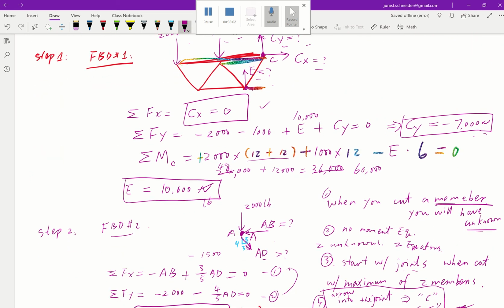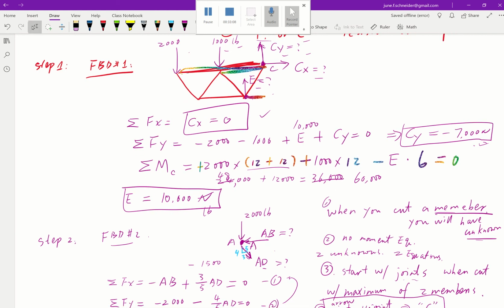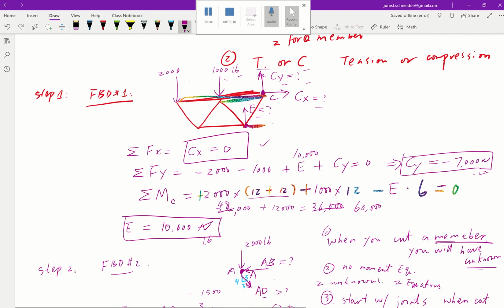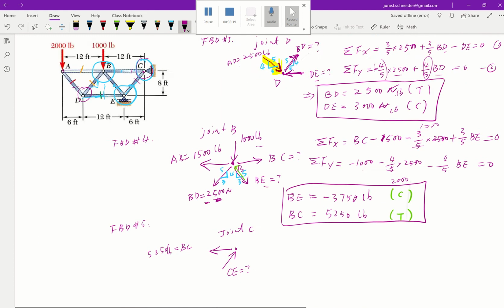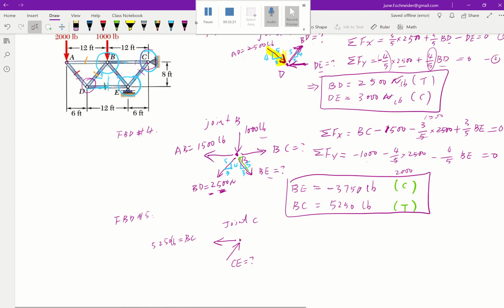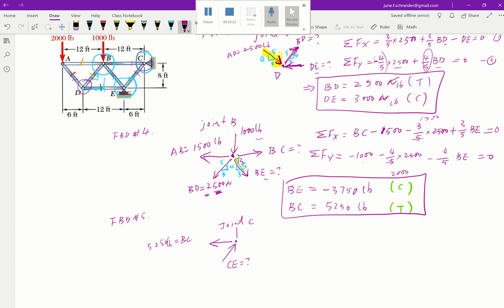CX equal to 0, that's our reaction support, and CY is going to be negative 7,000, corresponding to this FBD, right? So the true direction, the reaction support is pulling C downward 7,000. So then joint C is going to have a downward 7,000 pound.